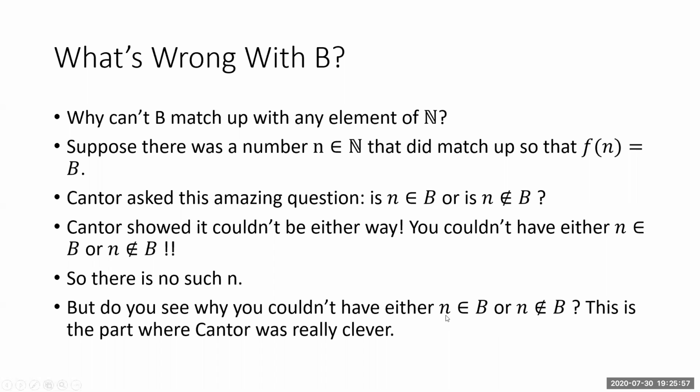We've got two slides: one to show you why you cannot have n belonging to B, and another that shows you why you cannot have n not belonging to B. It's just one of those things I'd never think of in a million years. Hundreds of professional mathematicians would never think of it. Cantor thought of it one day. Of course, there's lots of things he never thought of, but here you go.